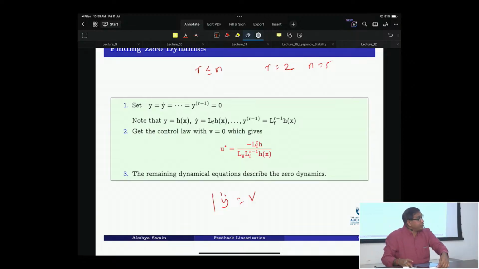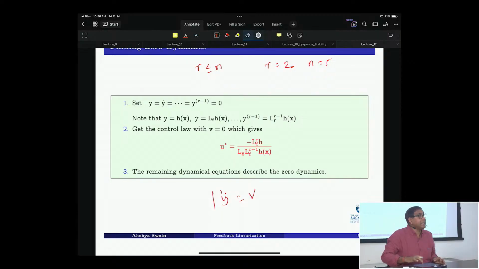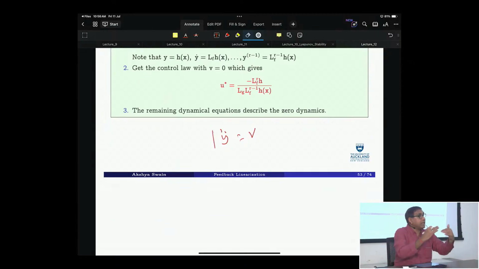So I must ensure that, fine, I have a good relationship with the 15 people, but the rest of the 5 people, with whom I do not have a good relationship, should be sober and gentle. Those are called the zero dynamics of the system, the dynamics of the system which are left out. Zero dynamics is the typical term in feedback linearization.